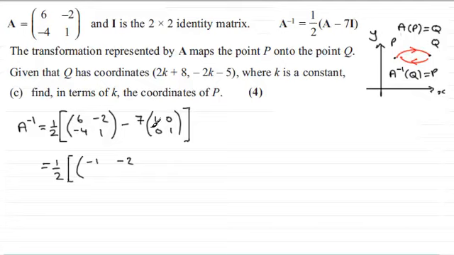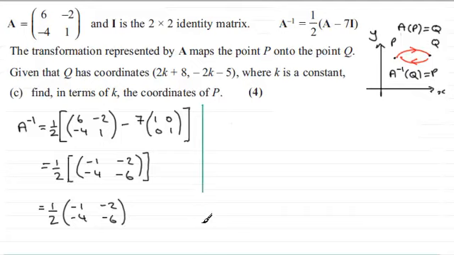And then minus 4, minus another 0, that's just going to be minus 4. And then we've got 1 minus 7, so that's going to be minus 6. So that's our matrix. I didn't really need the square brackets now I look at it. In fact, I'll just rewrite it again: half of minus 1, minus 2, minus 4, minus 6.